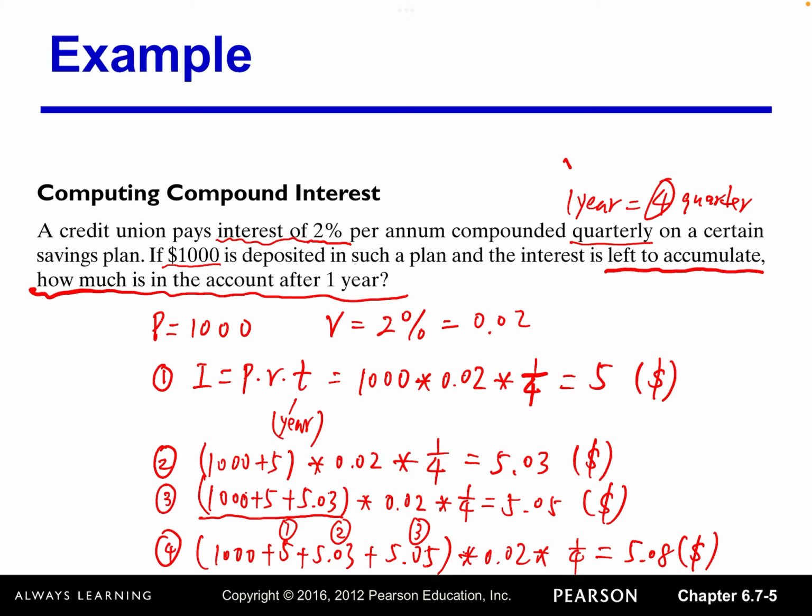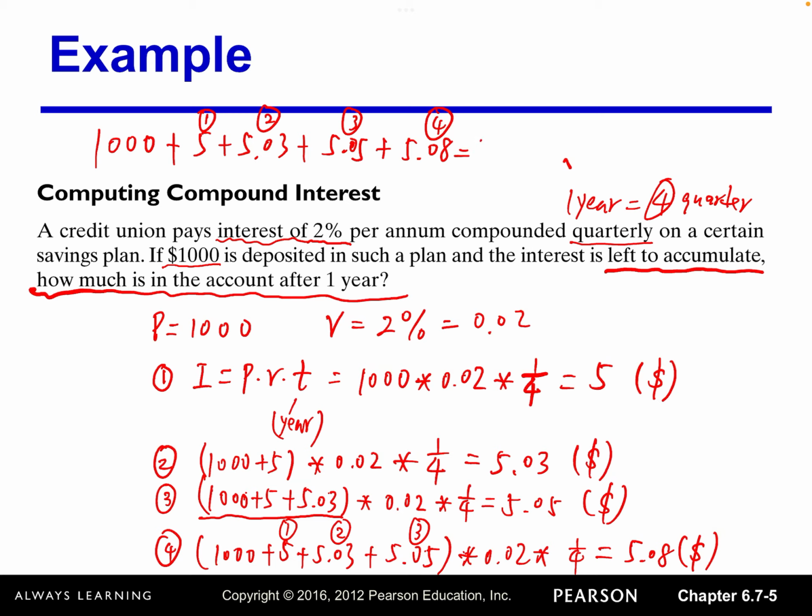So how much is the account balance? I don't have space, so I write on the top. The account balance will be 1,000 plus 5, the first quarter interest made, plus 5.03, the second quarter interest made, plus 5.05, the third quarter interest made, plus $5.08, the last quarter interest made.